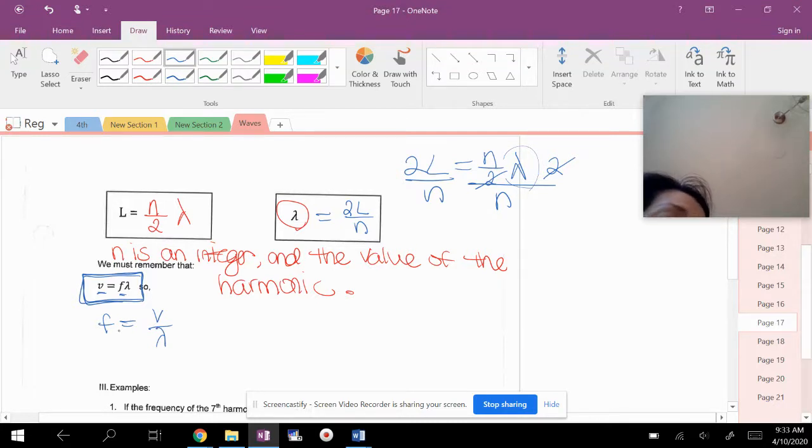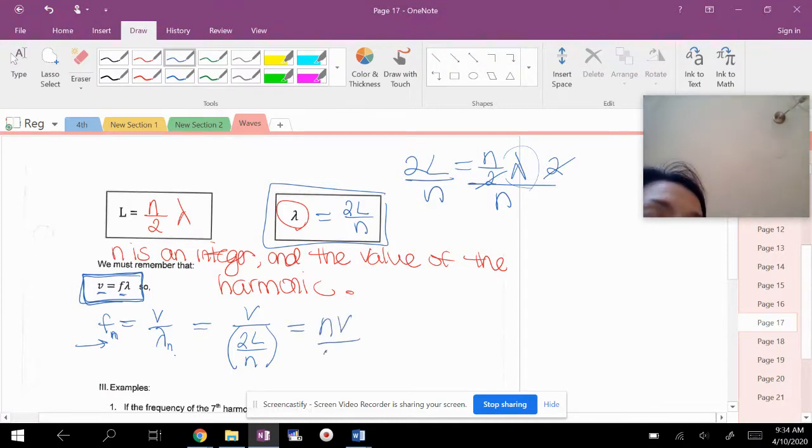Okay, and I'm going to put an n next to it because n represents the frequency of that nth harmonic. And what I'm going to write here is V over, instead of lambda n, I'm going to plug in this equation, 2L over n, and that simplifies to nV over 2L.